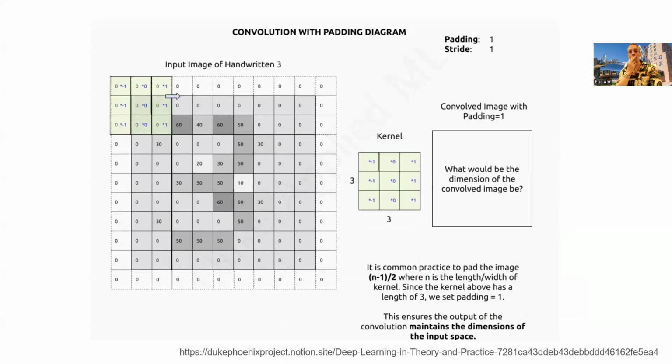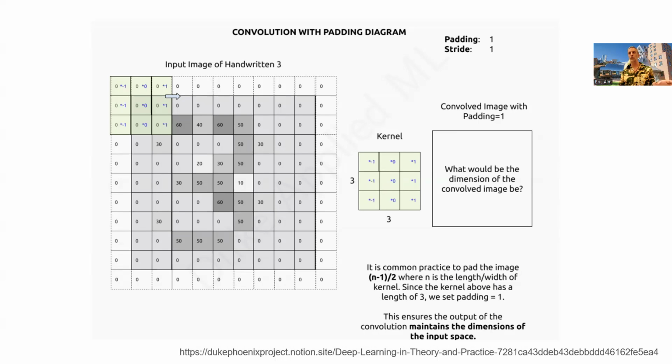Okay. Now, the one thing to remember when you're actually making convolutional layers and using them is, if I have a 10 by 10 image and I apply a kernel of size 3 to it, how many rows and how many columns can I actually look at?